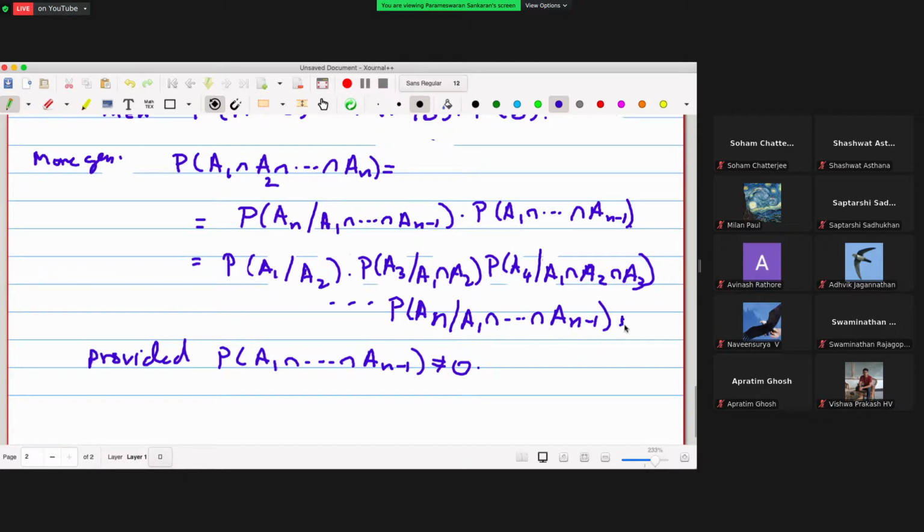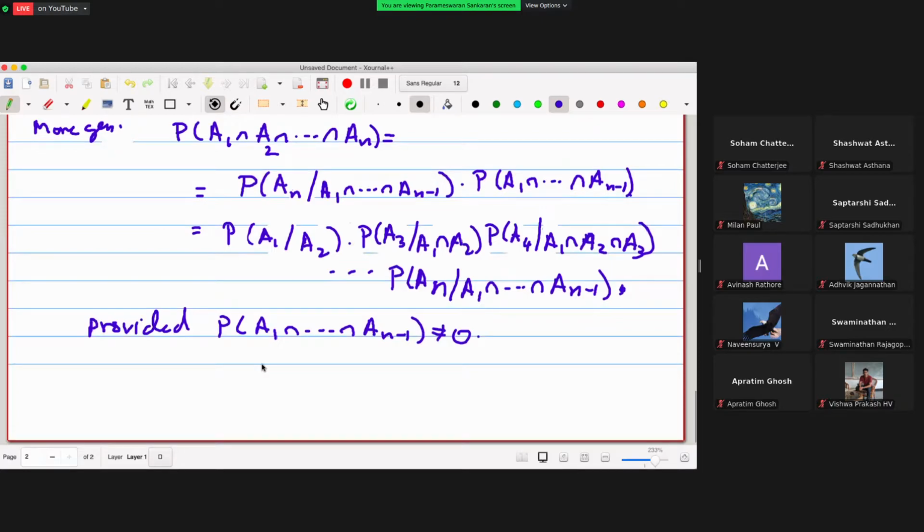I'm sorry, I just got a little confused while writing this, but it's a very simple thing. In fact, the proof is obvious. The proof is actually given here. You just write this in this particular way and now substitute for this, from the same statement, using it this way, up to probability of An minus 1 given A, so that intersection you can just substitute and then you will have the proof. The proof is by induction.